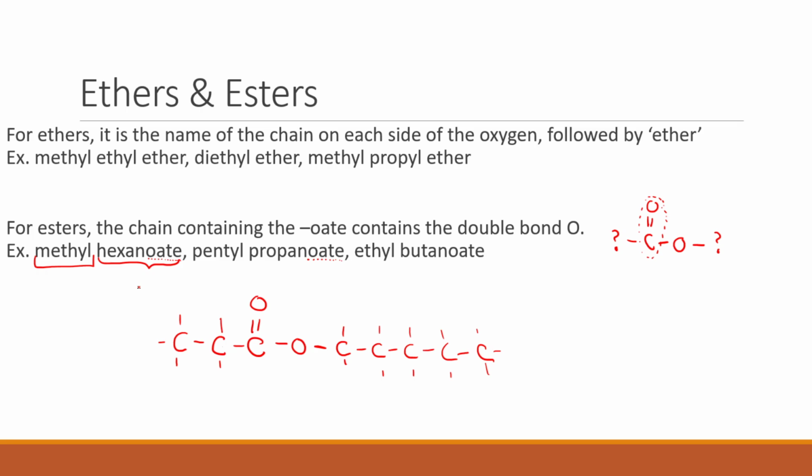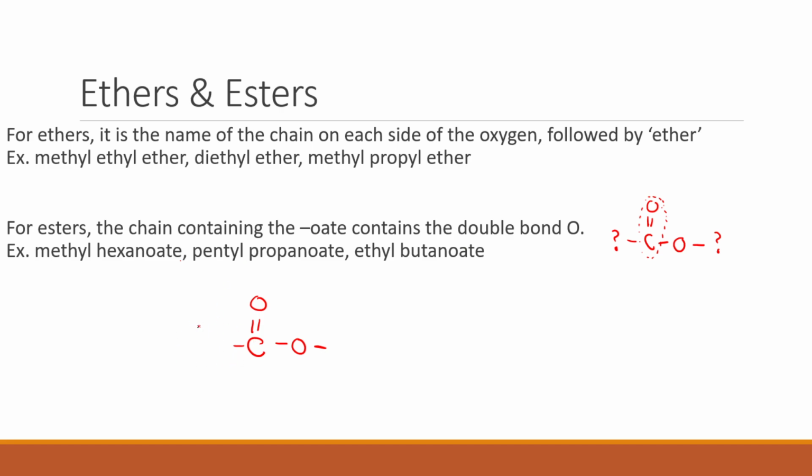Looking at our last example here, we have ethyl butanoate. Again, the OATE ending lets me know that I'm working with an ester, and so I need to start with my ester functional group. Butanoate, the fact that it's all connected to the OATE means that it is connected here.